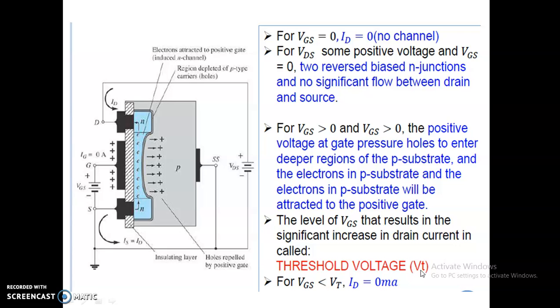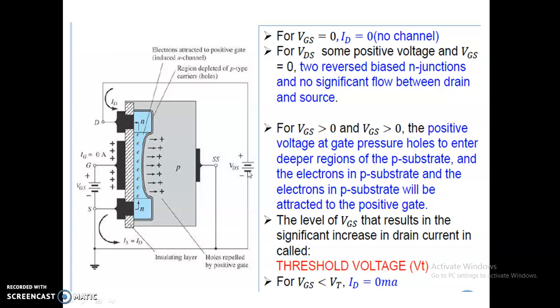Last operation: effect of increasing drain to source voltage. Here positive VGS is kept constant and drain to source voltage VDS is increased gradually. Due to this, the gate terminal becomes less and less positive with respect to the drain, so fewer electrons are attracted toward the gate terminal and the induced channel becomes narrow. Eventually the channel width is reduced to the point of pinch off.